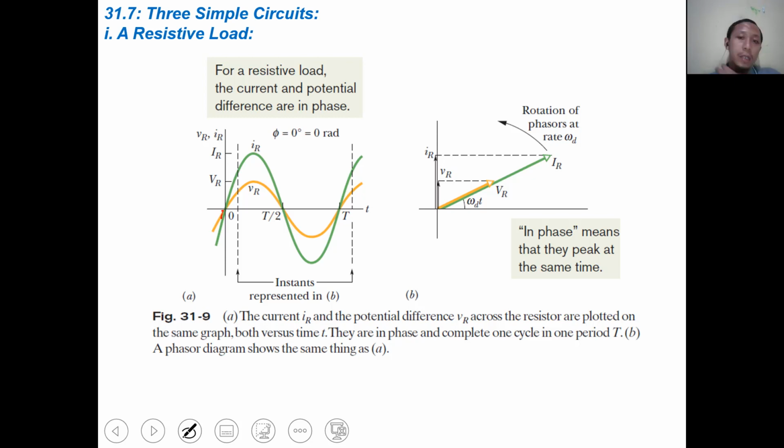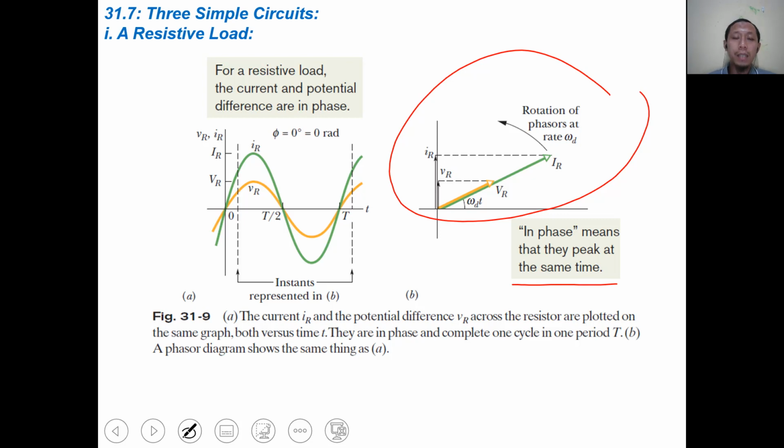If we represent this in the Cartesian plane, this is in phase. In phase means that they peak at the same time. You can see that both current and voltage have the same peak, and also dip at the same time.